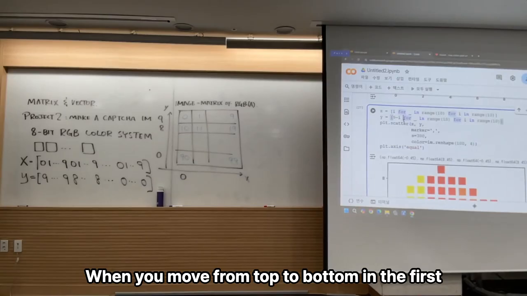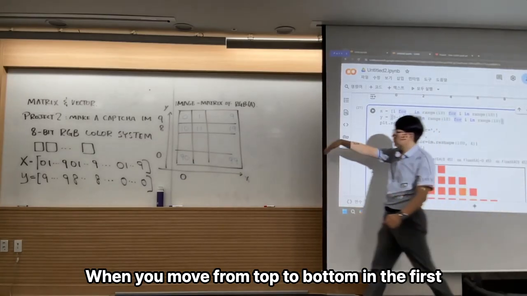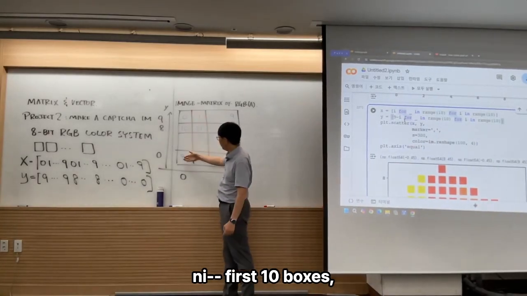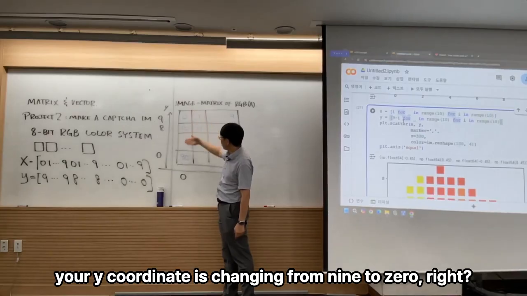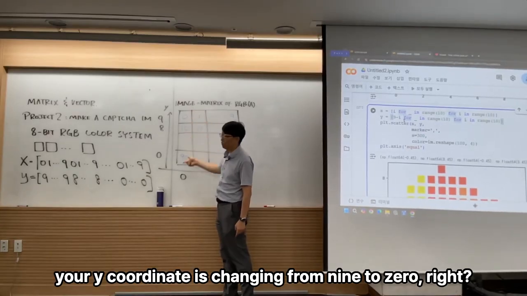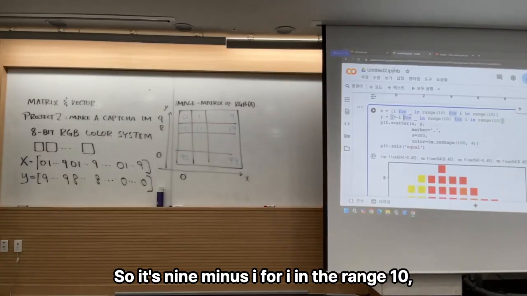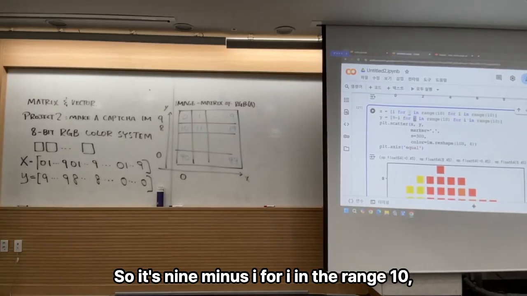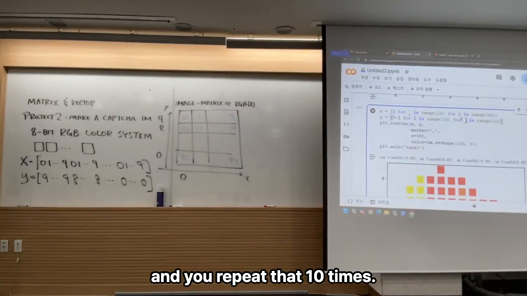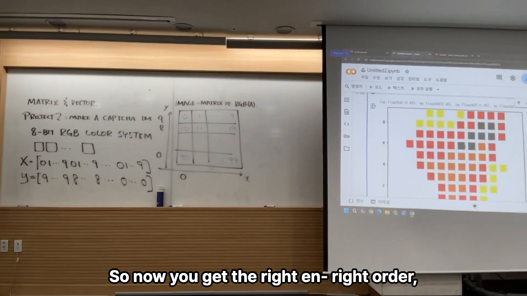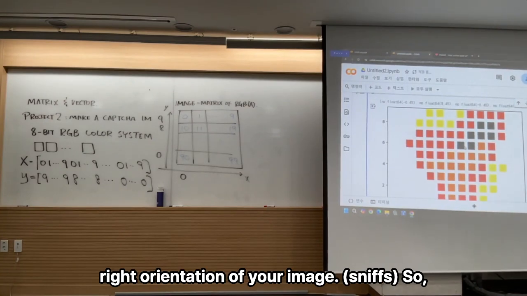When you move from top to bottom in the first 10 boxes, your y coordinate is changing from 9 to 0, right? So it's 9 minus I for I in the range 10, and you repeat that 10 times. So now you get the right order, the right orientation of your image.